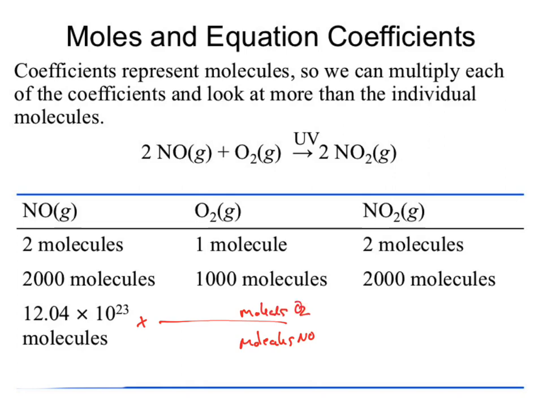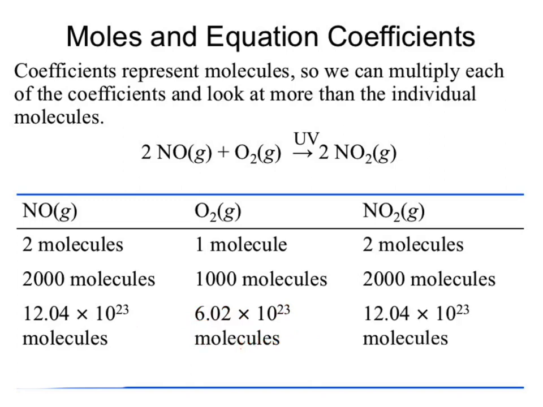What is that conversion? 2 molecules of NO is 1 molecule of O2. I take 12.04 times 10 to the 23rd and I divide by 2. And the number I get? 6.022 times 10 to the 23rd molecules. Is that any different than if I had picked 2,000 or 1,000 molecules? No, it's the exact same thing.